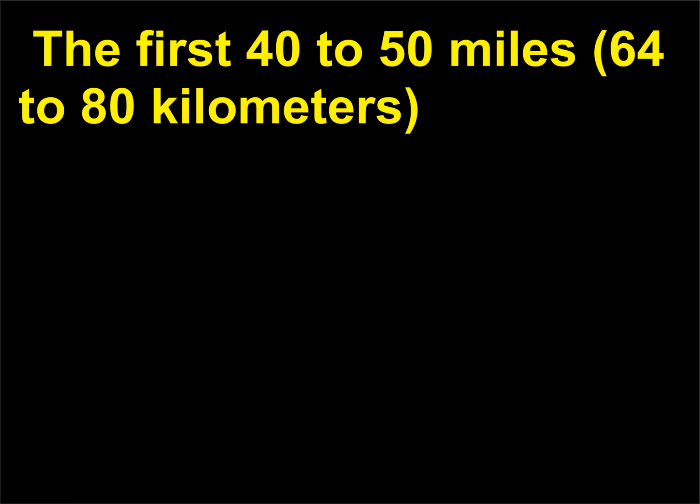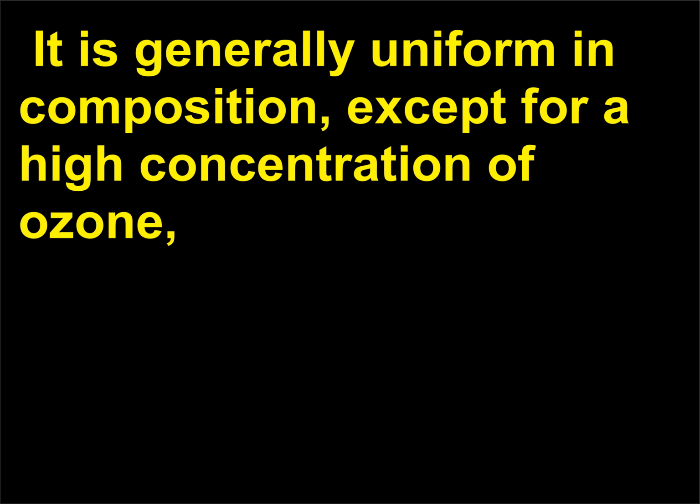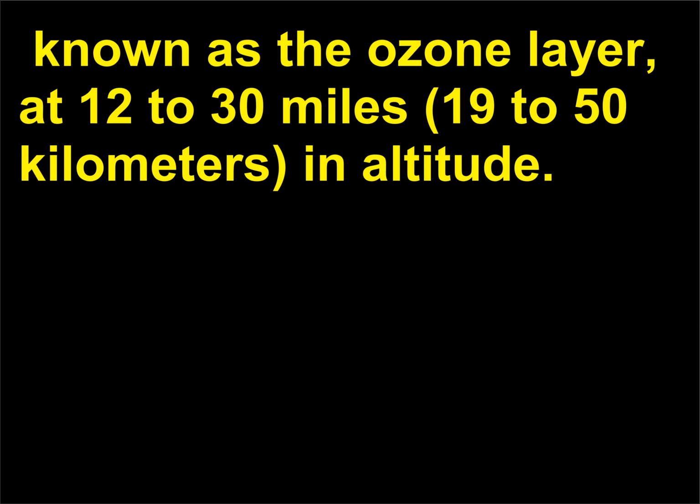The first 40 to 50 miles, 64 to 80 kilometers above the surface contains 99% of the total mass of the Earth's atmosphere. It is generally uniform in composition, except for a high concentration of ozone, known as the ozone layer, at 12 to 30 miles, 19 to 50 kilometers, in altitude.